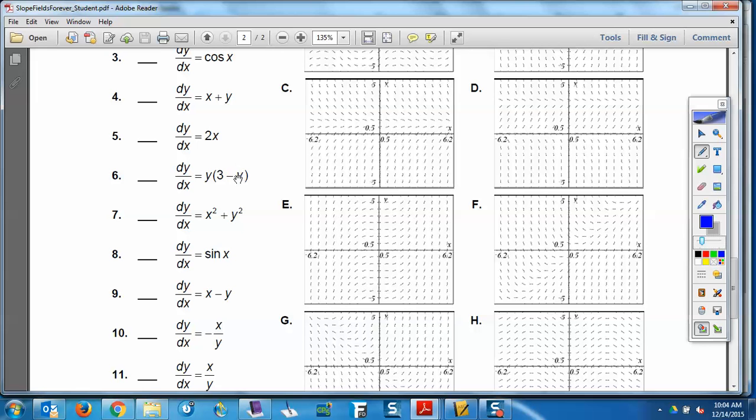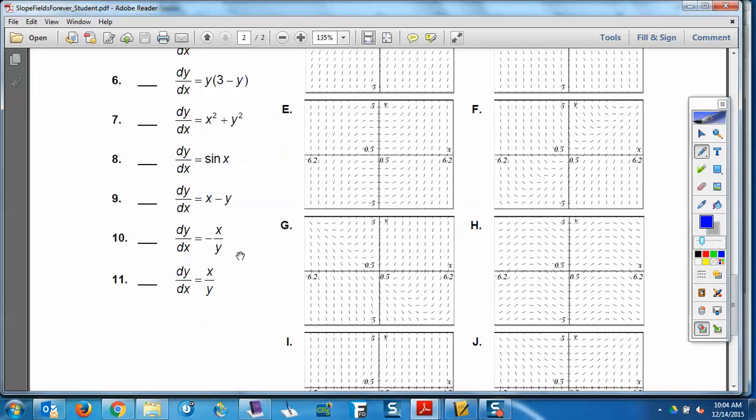So here, if y's at 3, I know I'm going to get a 0. So right up here at 3, sure enough, looks like it's kind of flattening out. And also down here, now we don't have quite enough values really to see it, but I think it's coming down here and you can see it's going to level off at 0. So when y is at 0 and when y is at 3, you're going to get 0 slope. So I think that's how you can find that as well. Okay?